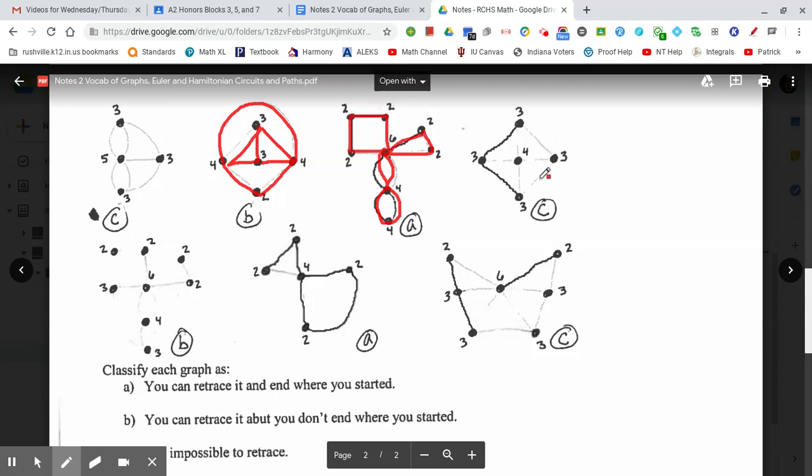This graph was another C, which meant that I could not retrace it. This graph was a B, which means I could start in a spot, but I could not end in the same spot.